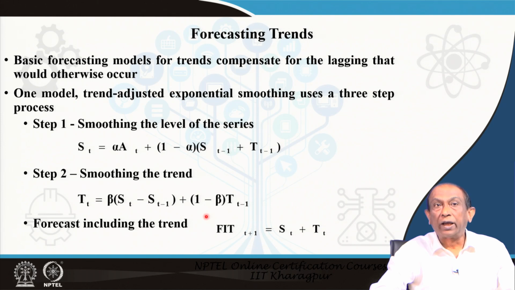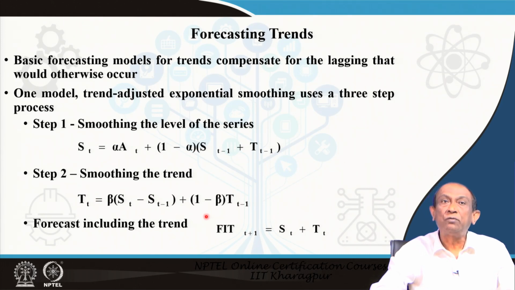So, in order to take care of this trend in a demand pattern, particularly for time series related data, lots of techniques have been devised. One of the techniques is double exponential smoothing model, there is Holt's model, so many models are there.